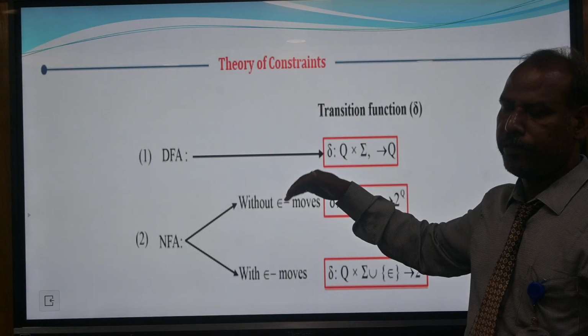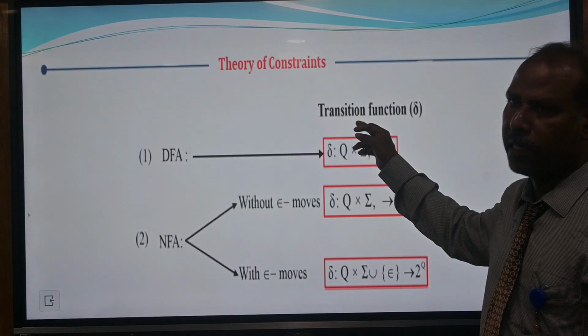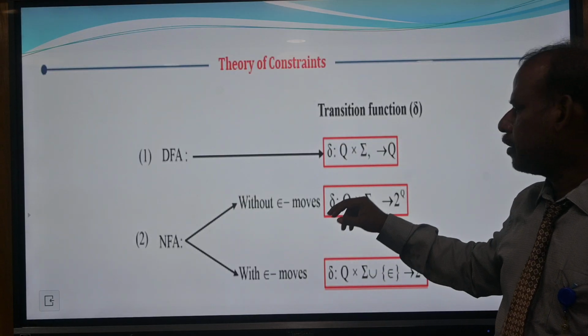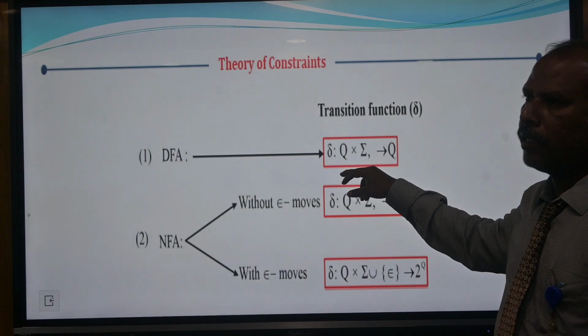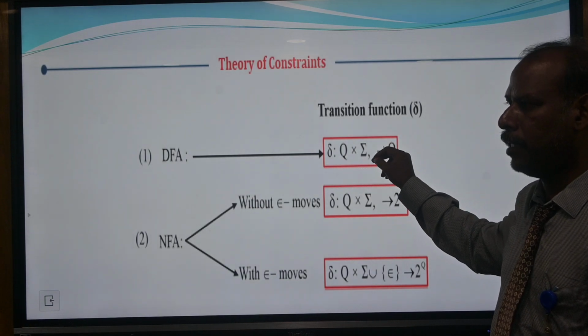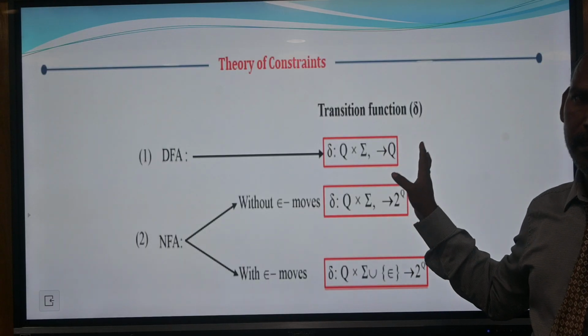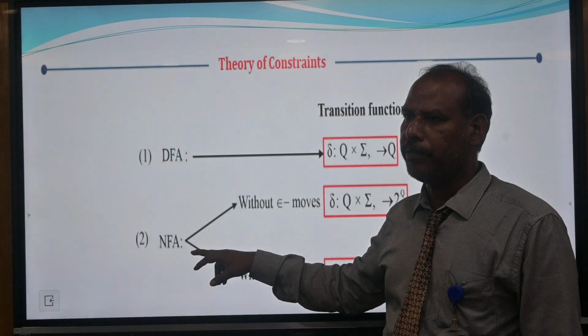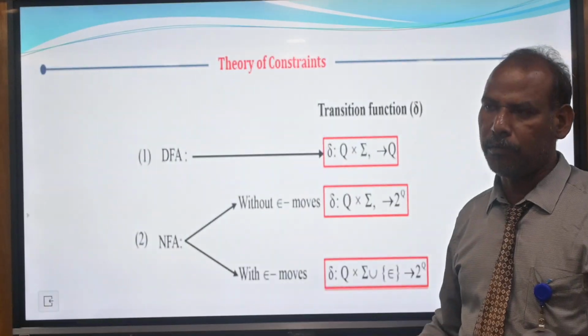Now, another part: DFA and NFA. In a deterministic finite automata, the transition function maps the number of states times the number of input symbols to a number of states. Next is the non-deterministic finite automata, which can be without null moves or with null moves.